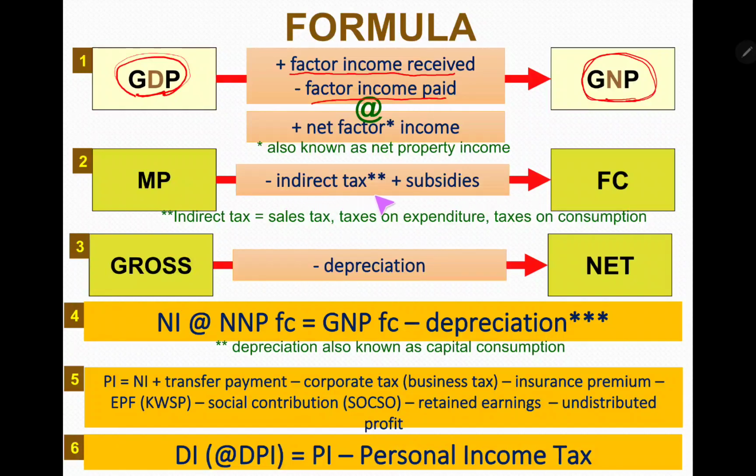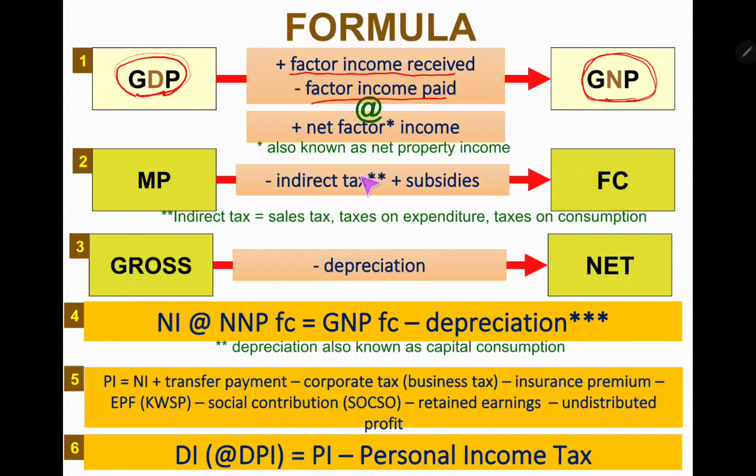So one thing that you need to remember about this indirect tax, sometimes instead of given to you the name indirect tax, they can be more specific or they can use a different terms, which are the sales tax, tax on expenditure, or tax on consumption.